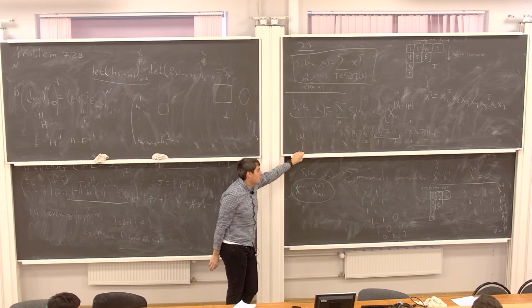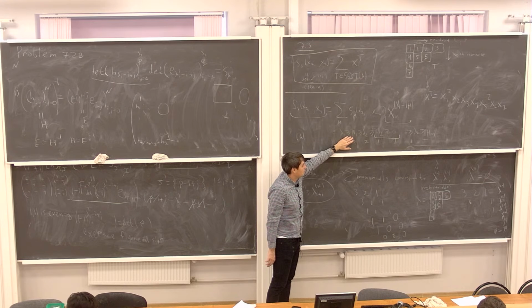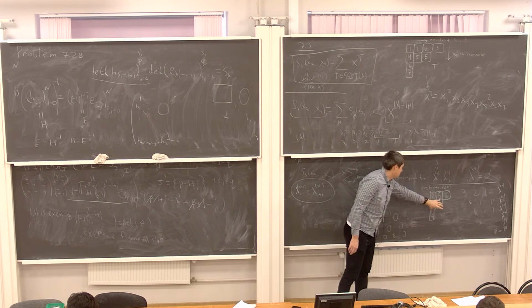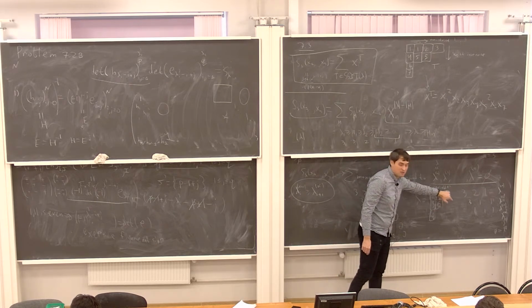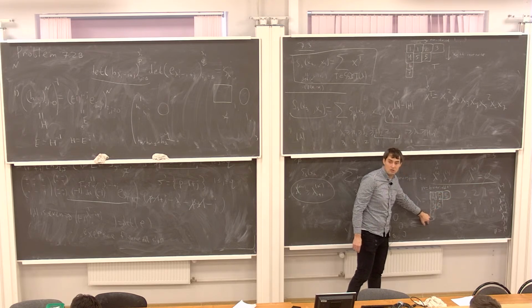Moreover, you could get any semi-standard Young tableau this way, because this sequence is exactly what you choose. You could place, for example, 6 here, here, or here. Okay?